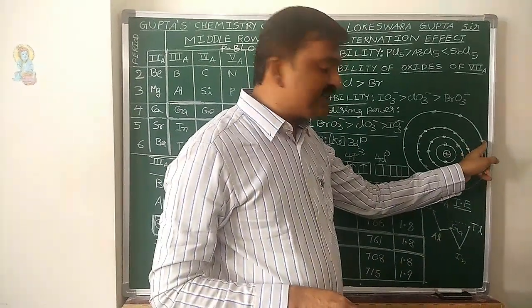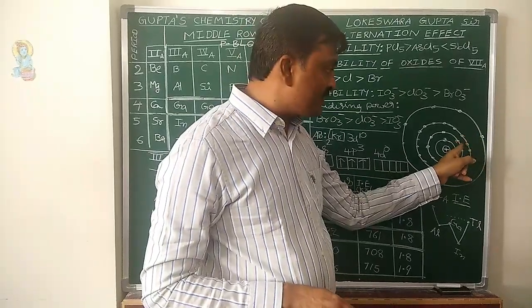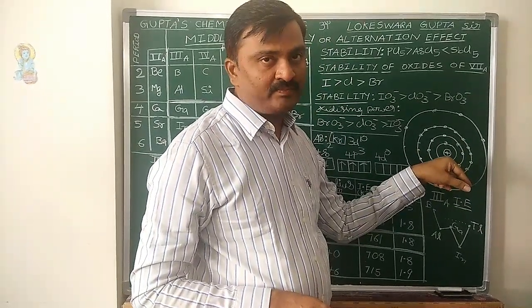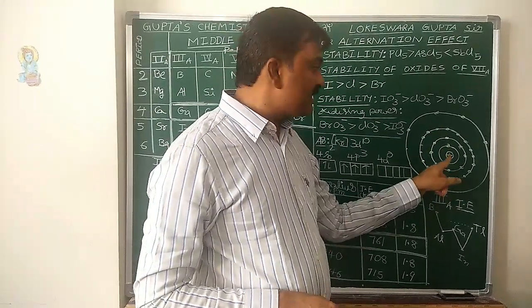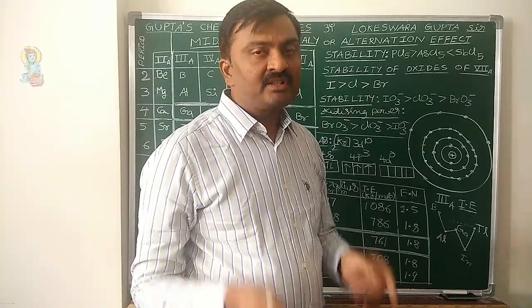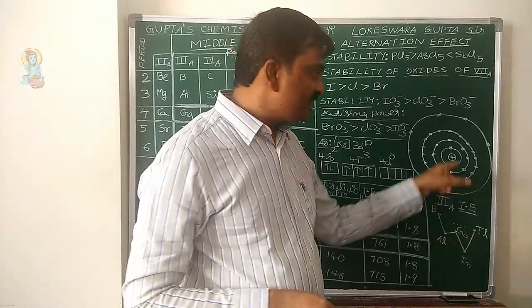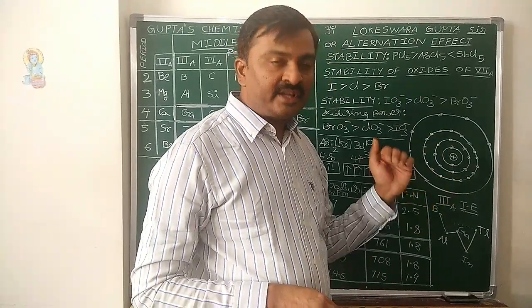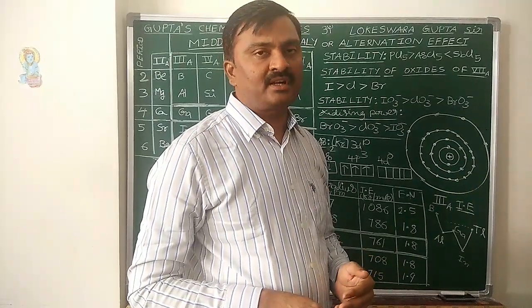Now, these valency shell electrons experience repulsion from inner shell electrons also. Because of this repulsion from inner shell electrons, some nucleus attraction over the outermost electrons decreased. This is called screening effect or shielding effect. Inner shell electrons reduce the nucleus attraction over the outermost electrons.